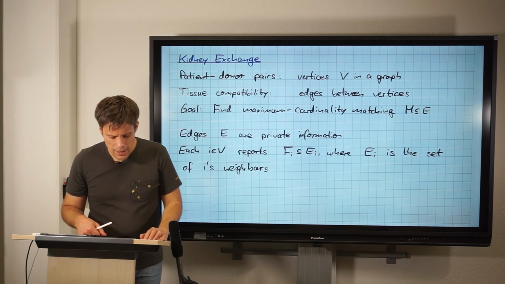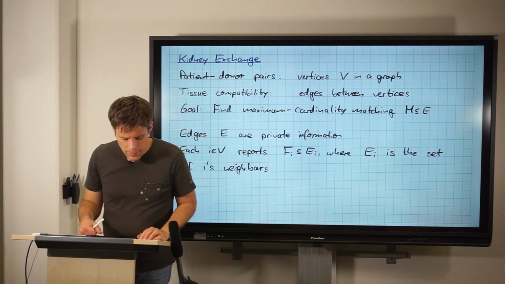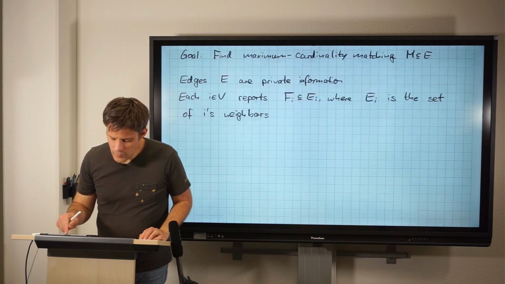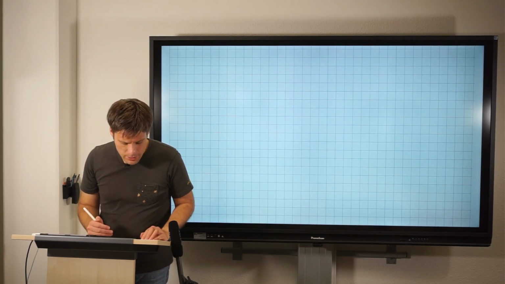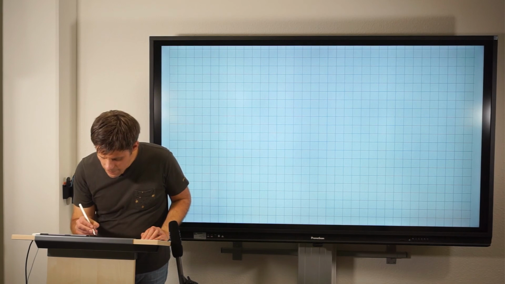And indeed, there is a mechanism, or in other words, a matching algorithm, which allows this. Namely, what we do is we collect a report Fi from each agent i.